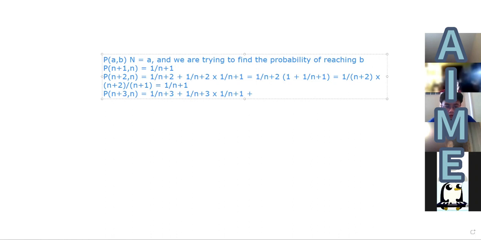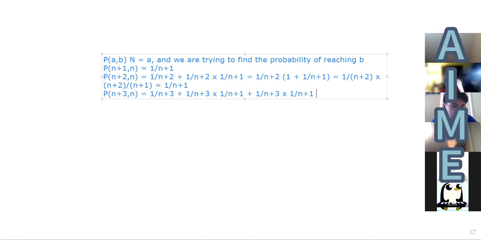And then we add the fact that we can get from n plus 3 directly to n plus 1 and then to n. So from n plus 3 to n plus 1, we have a 1 over n plus 3 chance of getting there, and then we have a 1 over n plus 1 chance of getting to n.